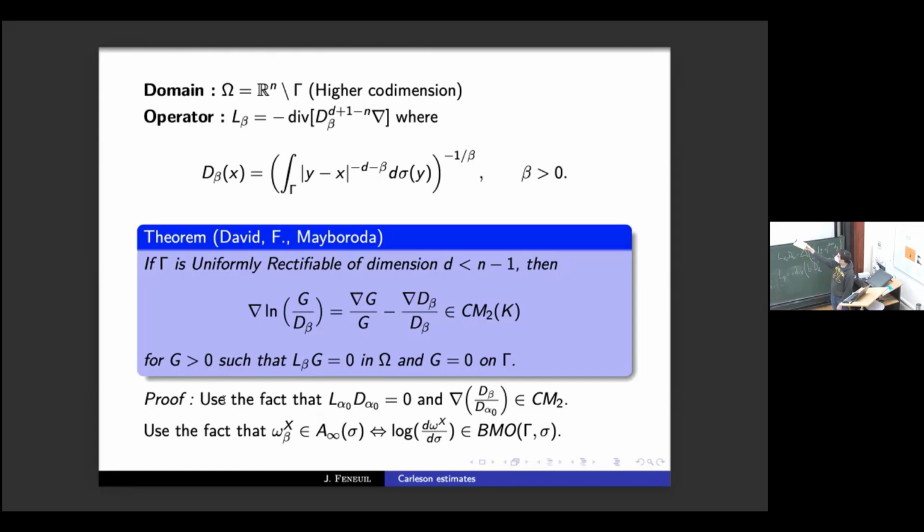This quantity satisfies the Carleson condition, which means that the oscillation of G and the oscillation of D are close.